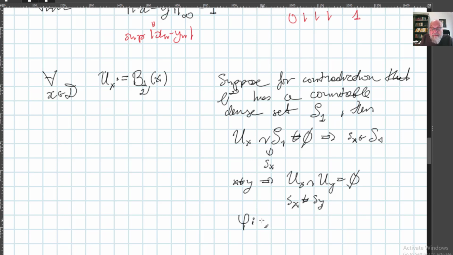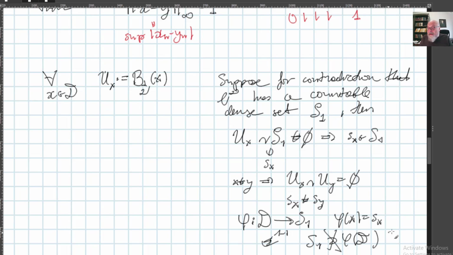So we are getting a one-to-one map phi from D into the set S1, with phi of x equal to Sx. This map proves that S1 cannot contain an uncountable subset, which is not possible. So this set S cannot be dense and countable. So L infinity is not separable.